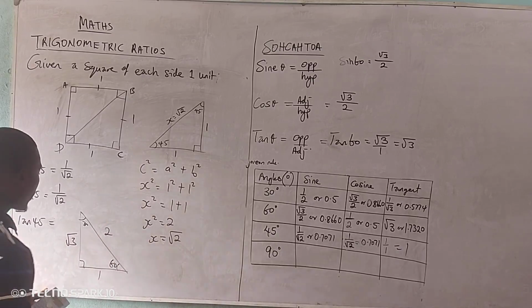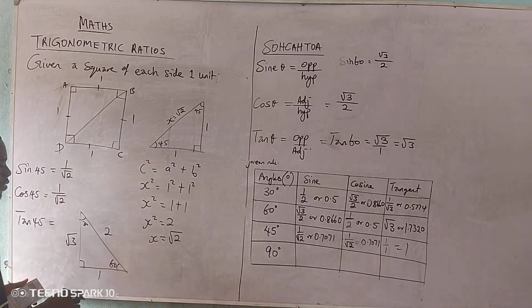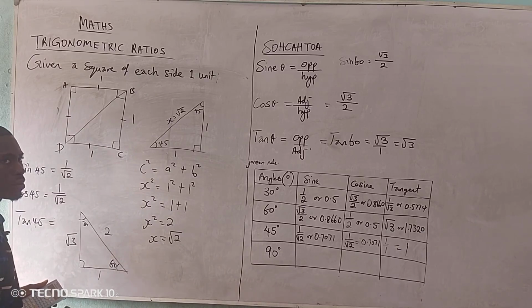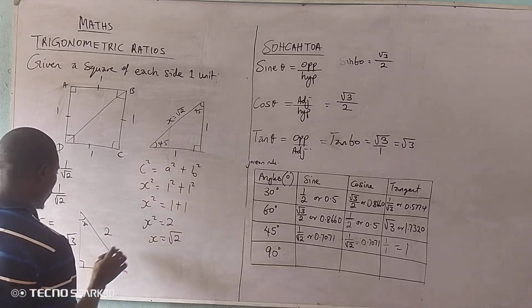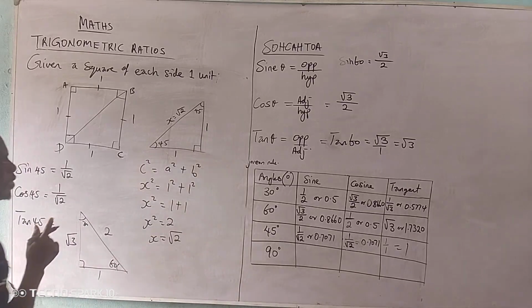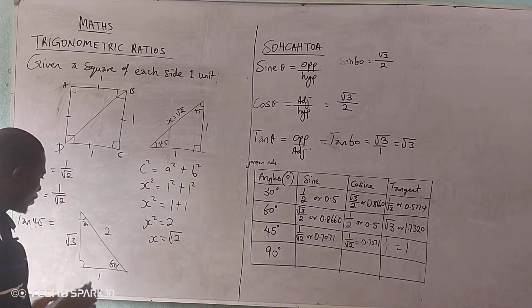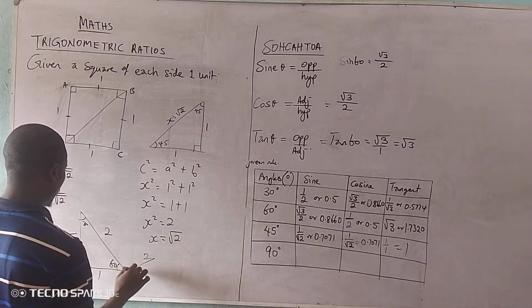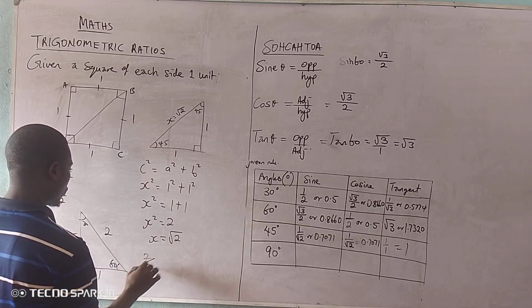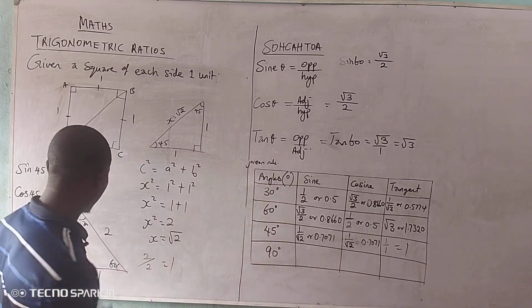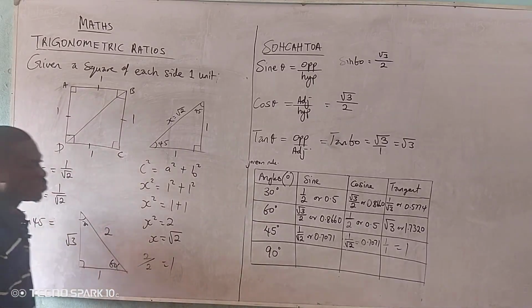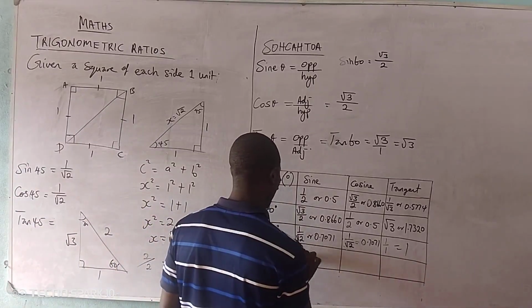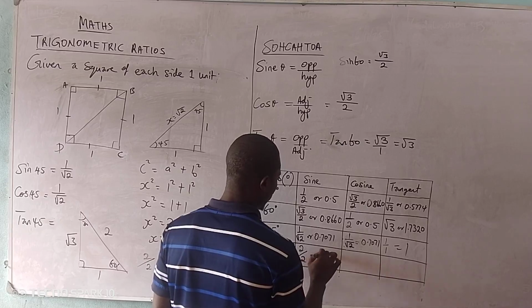So to find sine 90, sine theta is equal to opposite over hypotenuse. Opposite of 90 is 2, hypotenuse is also 2. So sine 90 is equal to 2 over 2, which is equal to 1.